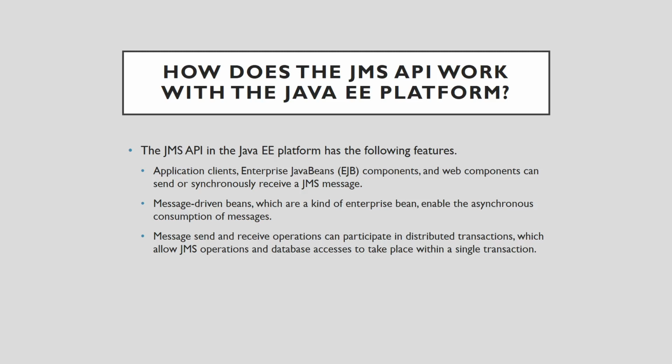The JMS API enhances the Java EE platform by simplifying enterprise development, allowing loosely coupled, reliable, asynchronous interactions among Java EE components and legacy systems capable of messaging. A developer can easily add new behavior to a Java EE application that has existing business events by adding a new message-driven bean to operate on specific business events.